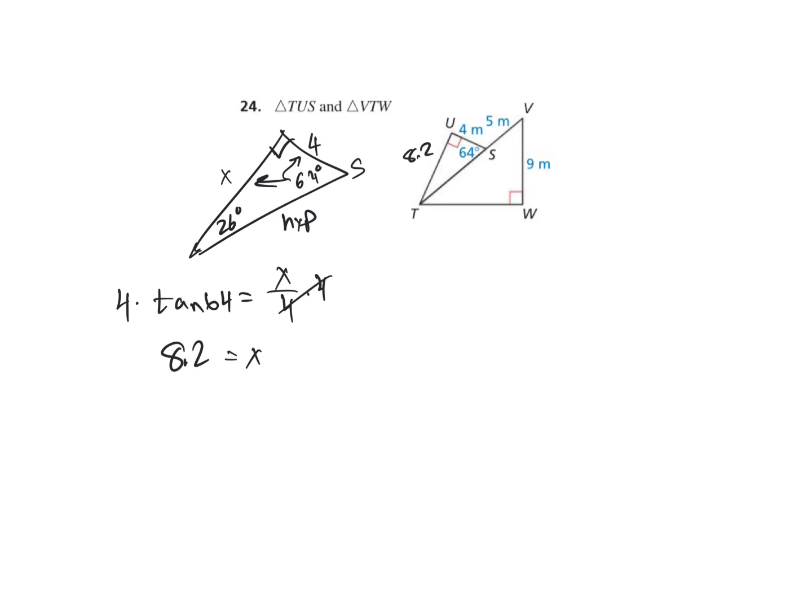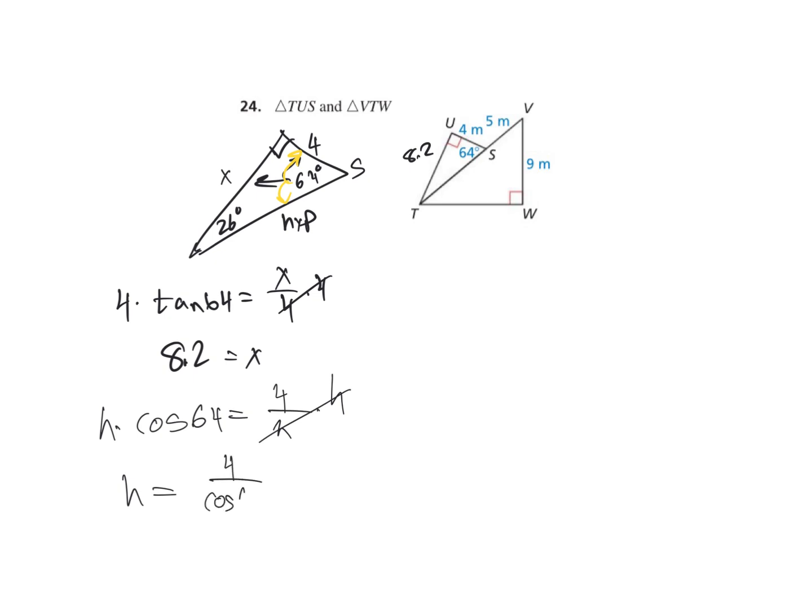And then we need TS, the hypotenuse. So we're going to use the adjacent leg and the hypotenuse. So that is going to be the cosine of 64 is equal to 4 over the hypotenuse. So multiply by the hypotenuse and then divide by the cosine of 64.